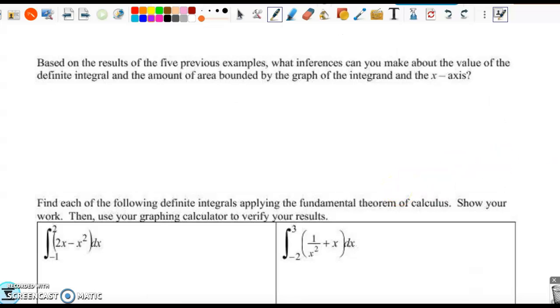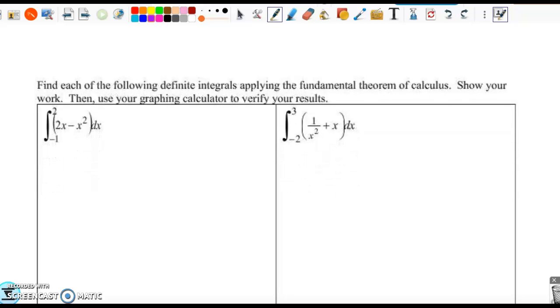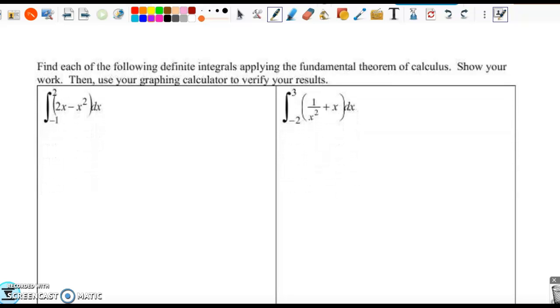So as we move into more complicated problems, you can use a graphing calculator to double check your answers. With a graphing calculator, it's under the math tool.